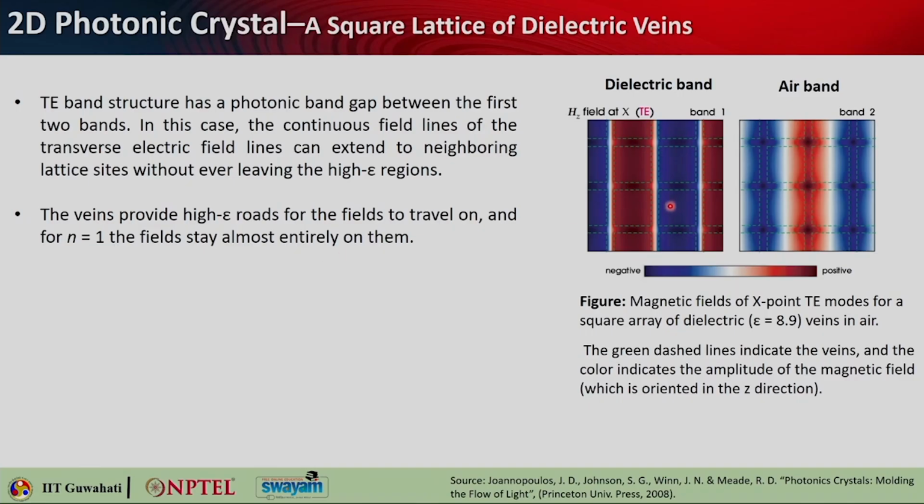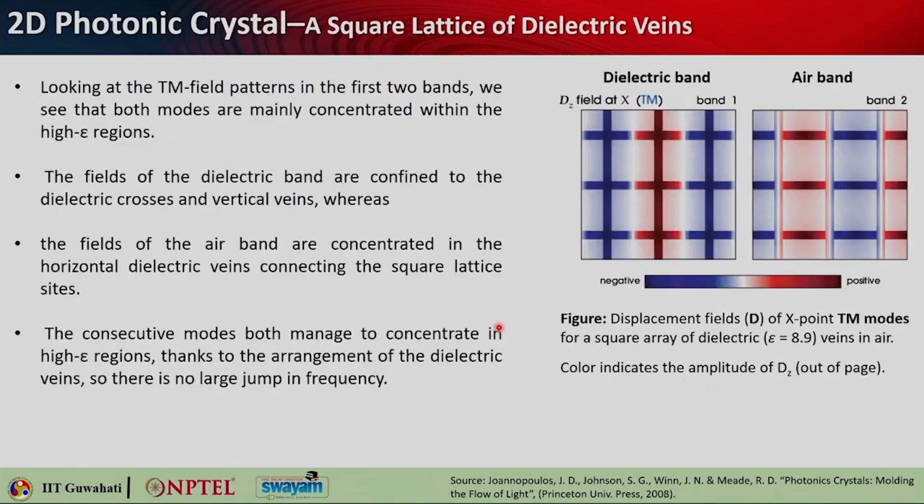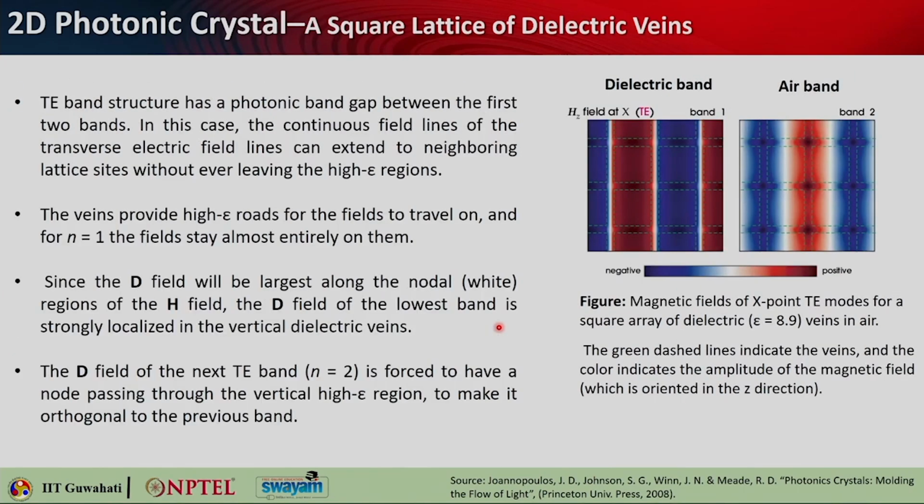This is what we are able to see here. Since the D field will be largest for the nodal cases, that is the white region, the D field of the lowest band is strongly localized in the vertical dielectric veins. You can also see that from here.